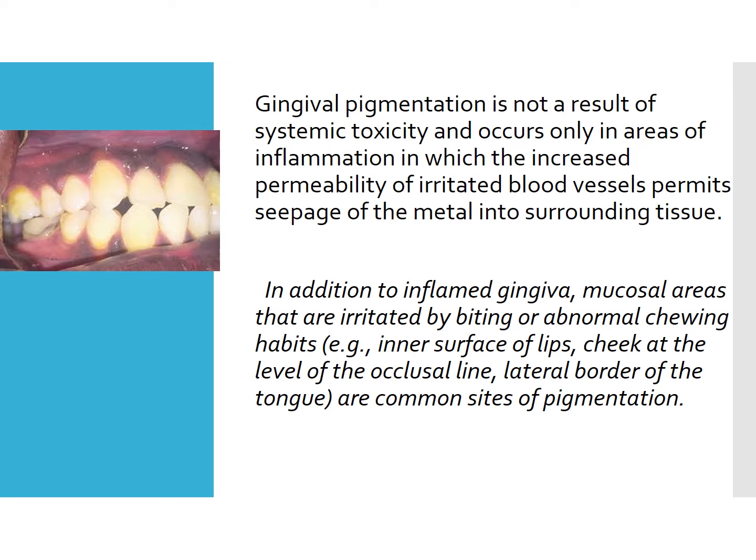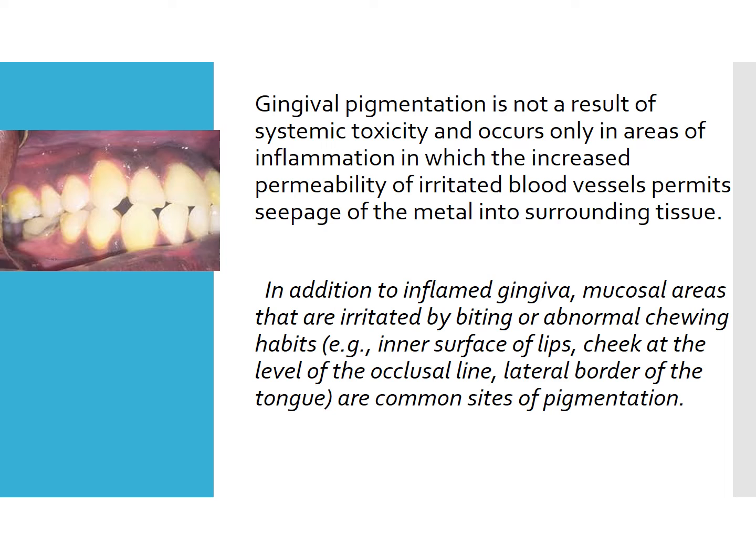In these areas there is increased permeability of vessels, which permits the seepage of metal into the surrounding tissue. In addition to inflamed gingiva, mucosal areas that are irritated by biting or abnormal chewing can also take up this pigmentation. Usually it happens in areas of the lips, cheek, and the lateral border of the tongue.